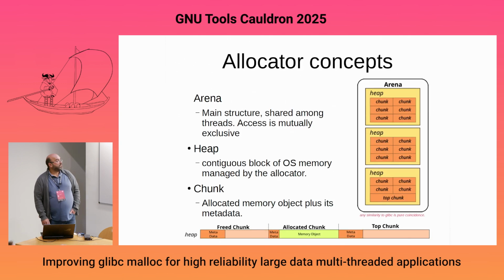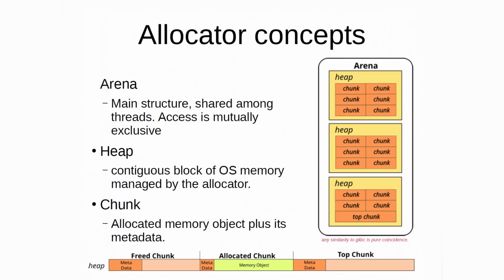So every allocator, or at least the ones I know, has this concept of arena, which is the main structure that governs the whole allocator. The arena is responsible for mutual exclusion in the case of threading and so on, and is responsible for interacting with the operating system in order to request heaps.